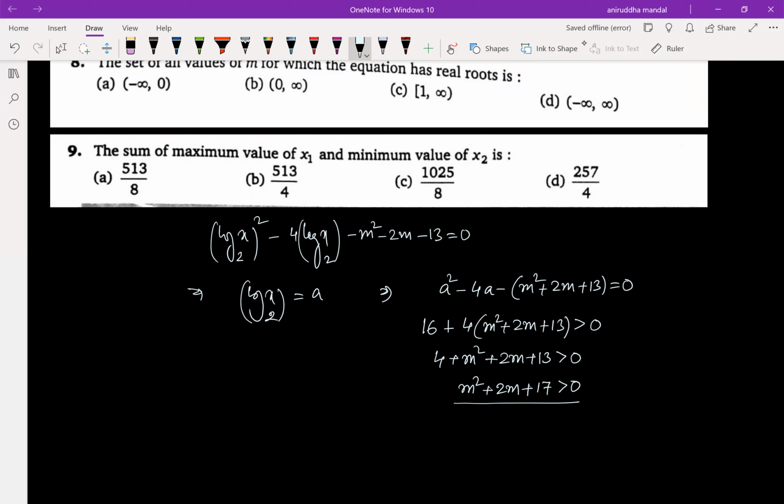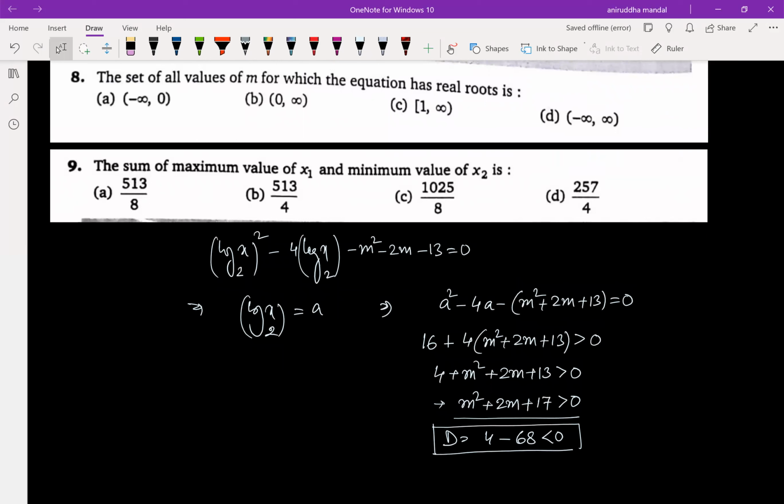To check the values of m, if we find the D of this equation, b² - 4ac is less than 0, which means it gives imaginary roots, so this is always greater than 0. So for all values of m, this is always positive. So the set of all values of m is from minus infinity to plus infinity.